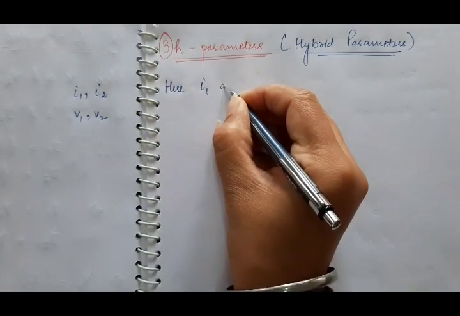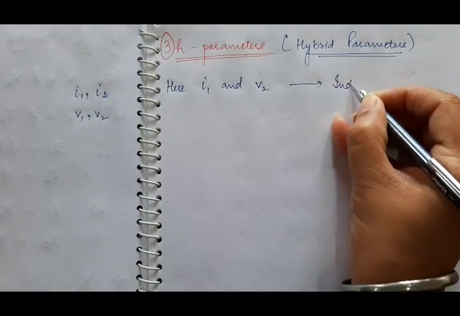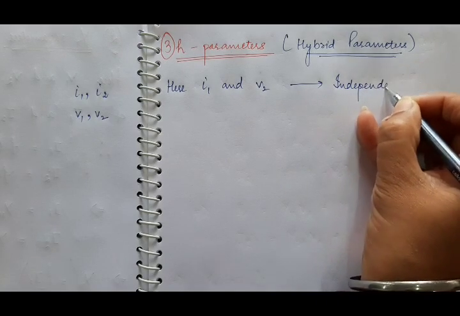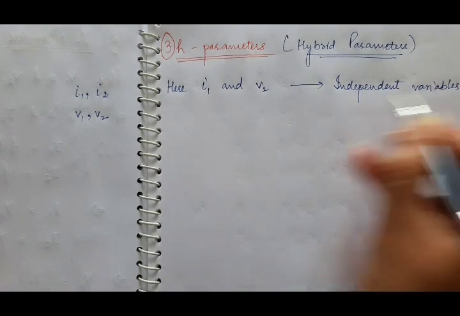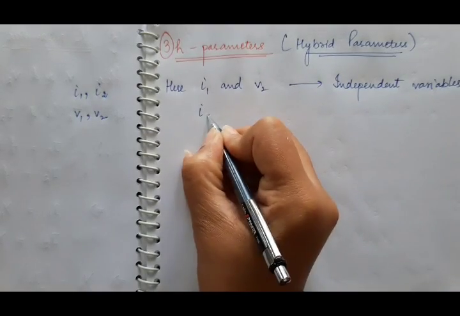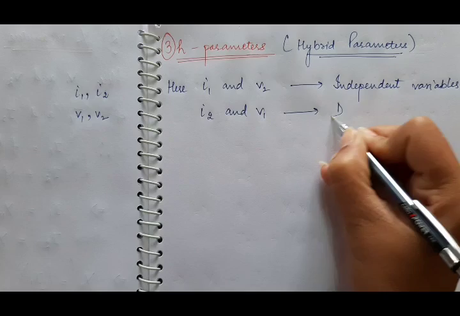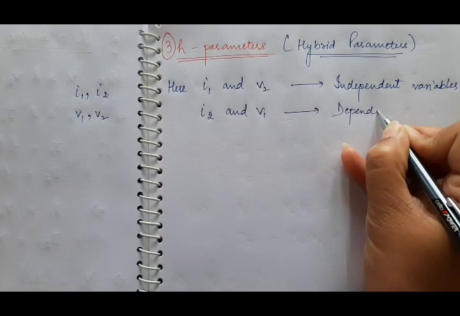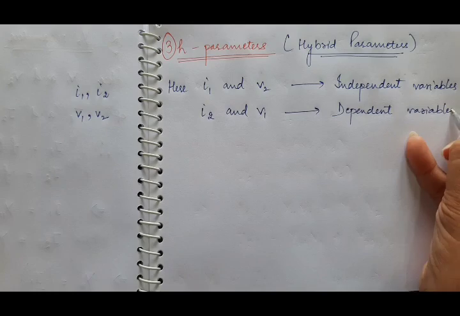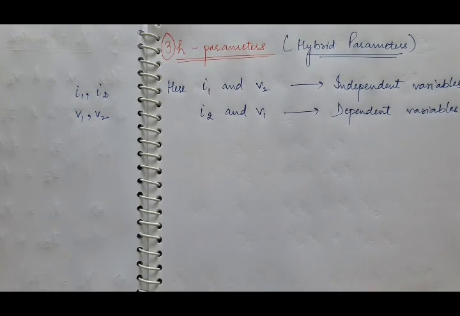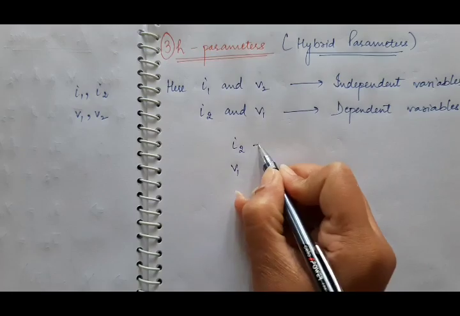In case of H parameters, which are also known as hybrid parameters, I1 and V2 are taken as independent variables. It means I2 and V1 are taken as dependent variables. So how can we calculate the values of these dependent variables?